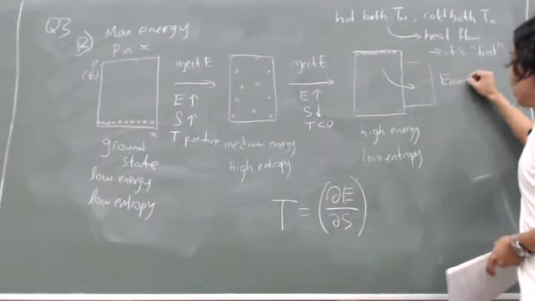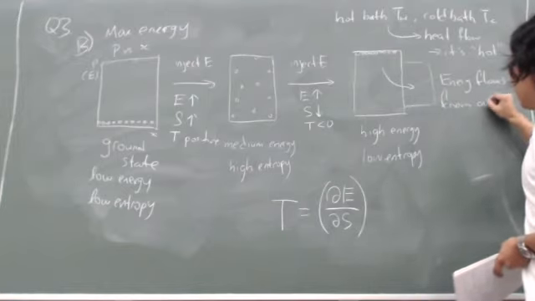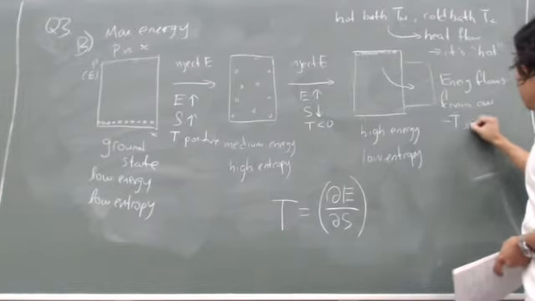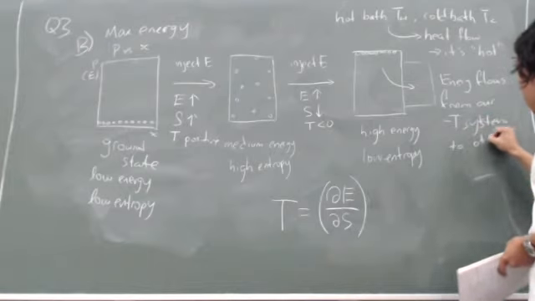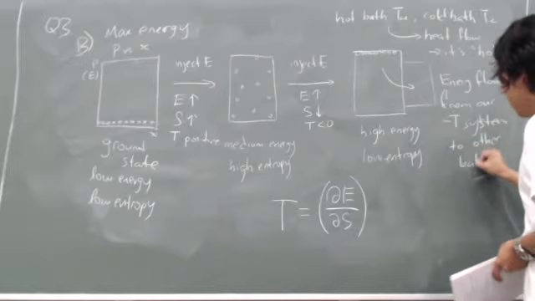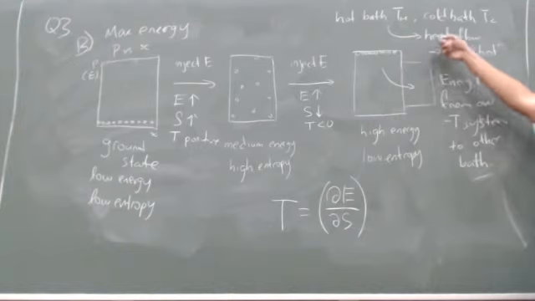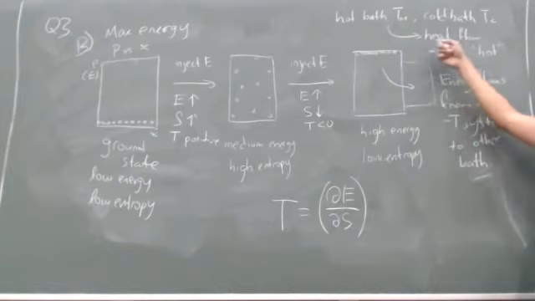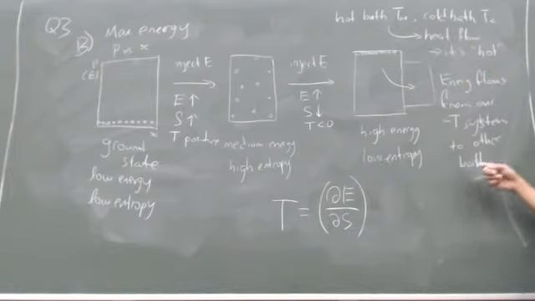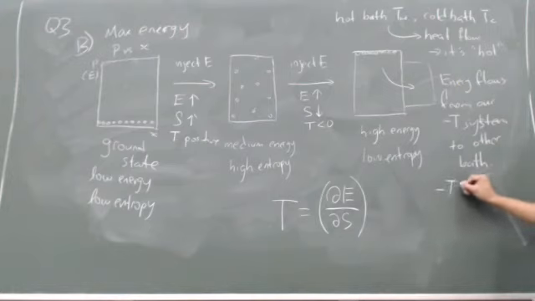So energy flows from our negative T system to the other bath. Then we can go back to the normal temperature analogy and say, okay, if energy, or in other words heat, is flowing from the system to another system, then we must perceive this system as being hot. So negative temperature is actually hot rather than cold.